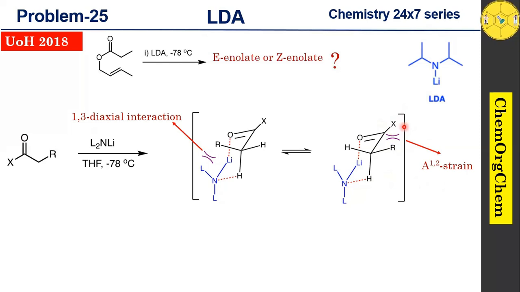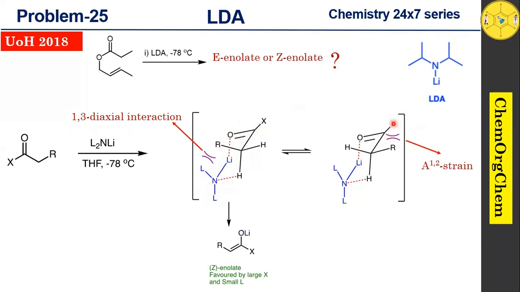So if you have larger allylic 1,2 strain, this transition state readily converts into the corresponding other transition state. Now you see, if your substrate forms this transition state, it readily produces Z-enolate ions. This Z-enolate ion formation is always favored by large X.